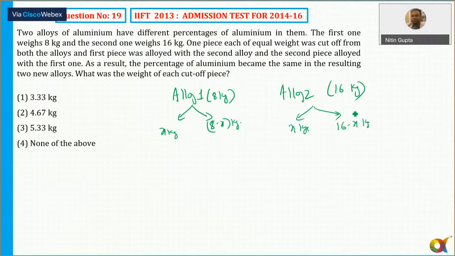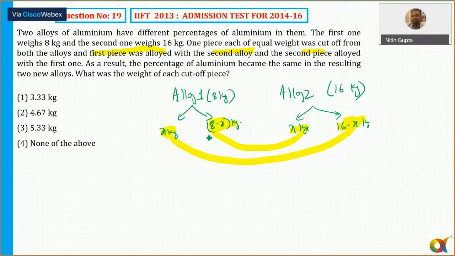It says 1 piece of equal weight from both was allowed to be mixed with the first. इसका दोनों को मिक्स करता हूं.